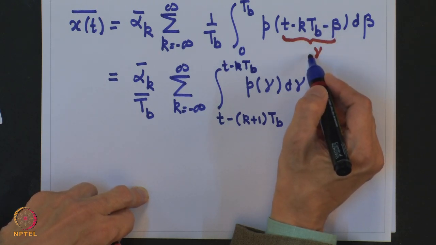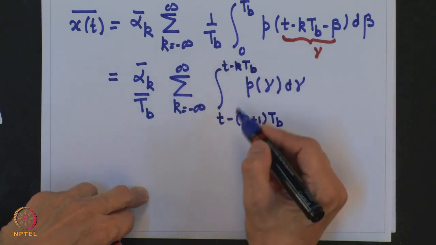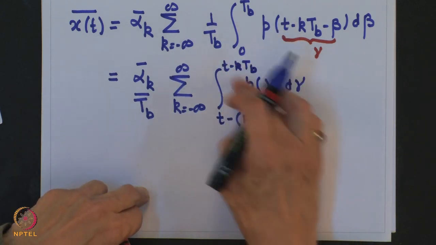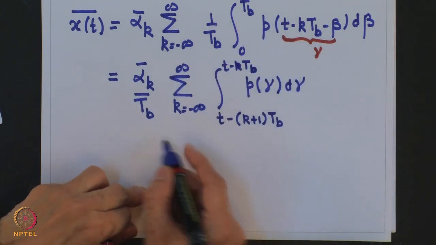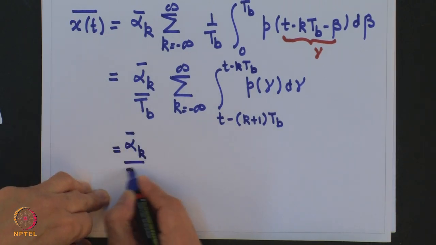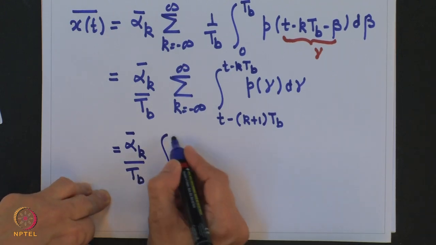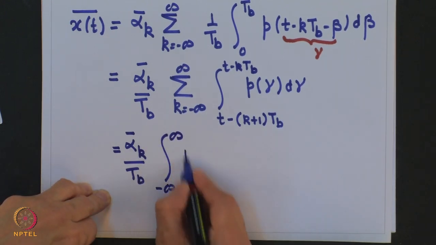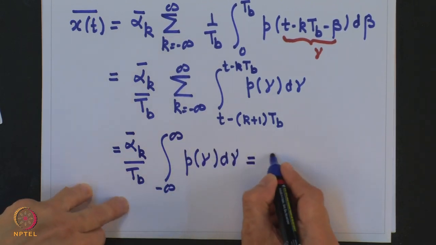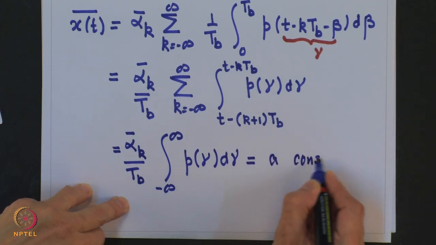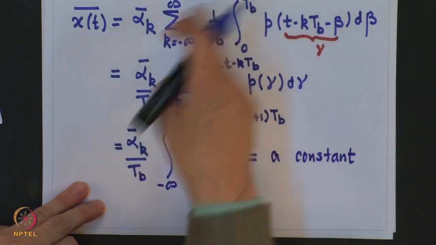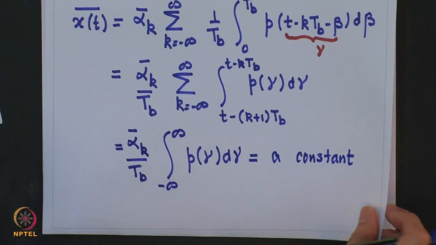So, d gamma is going to be minus d beta, and that is why the limits again change back as shown here, and this can be rewritten as, which is equal to a constant. So, we have shown that the mean value of such a random process is a constant.